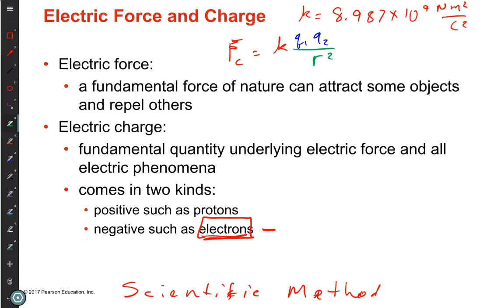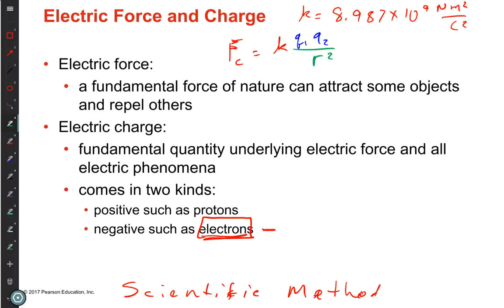How strong then is the force between Vanessa and me in that situation? Because the product of Q1 times Q2 is 0, what's the force going to be? 0.